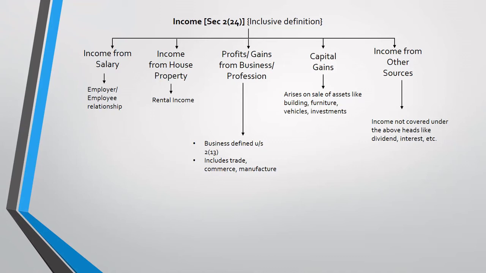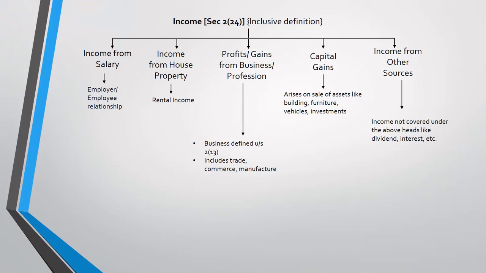Okay. Capital gain arises on the sale of your assets. Assets could mean building, furniture, investments, vehicles, etc. We would look at this in depth in the specific chapter. Income from other sources would be something which is not covered under any of the above heads.